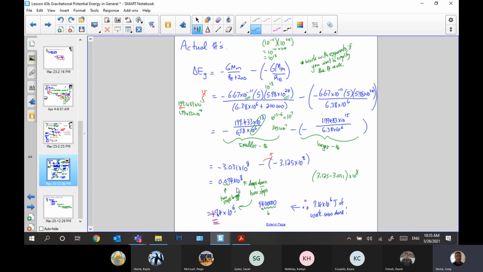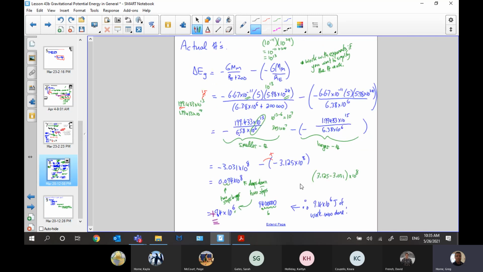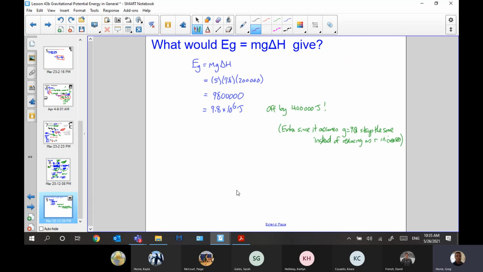It's 9.4 times 10 to the 6, but you have to recognize that's off by 400,000 joules. This number's bigger by 400,000 joules because it's assuming the gravitational field strength stays the same the whole time, whereas in actuality it gets weaker. So you only have 9.4 times 10 to the 6 instead of 9.8 times 10 to the 6.